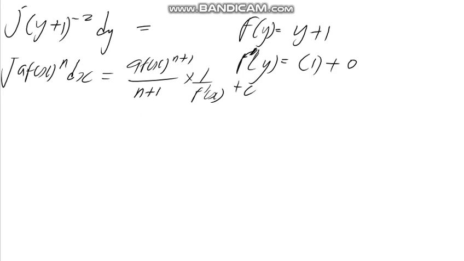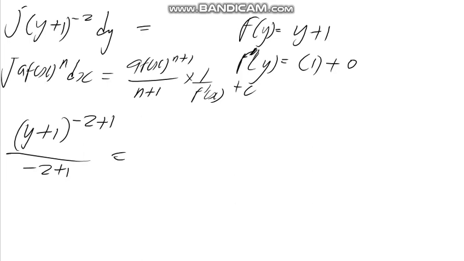We're going to substitute everything we have into the formula. You don't have a, but we have f of x, and in this case our f of x is our f of y. So you have (y plus 1) to the power of minus 2 plus 1, divided by minus 2 plus 1. Then obviously it's times 1 over 1, so we're not going to show that.